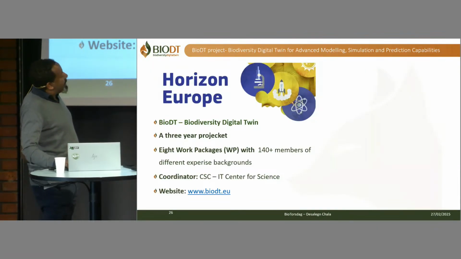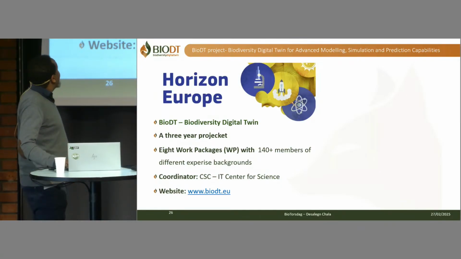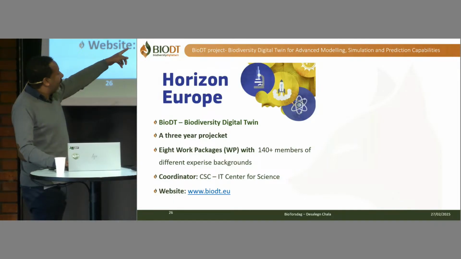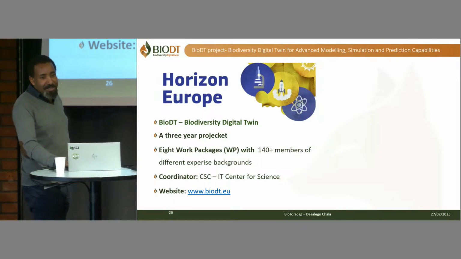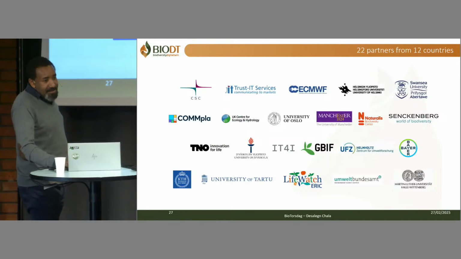So coming to the second part, which is about the Biodiversity Digital Twin project. This is a Horizon Europe project, which has about 8 work packages, more than 140 employees, and about 22 partners from 12 countries.